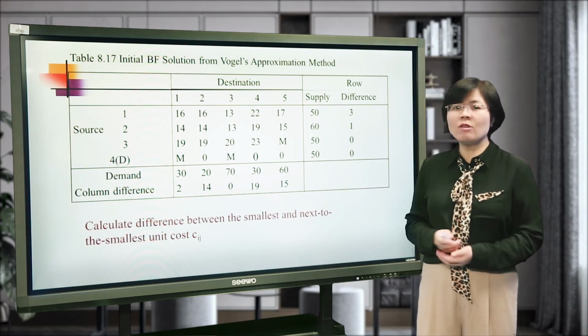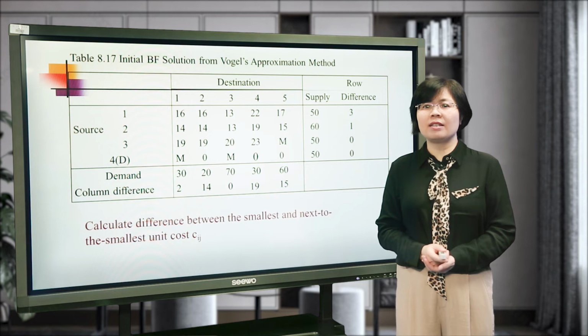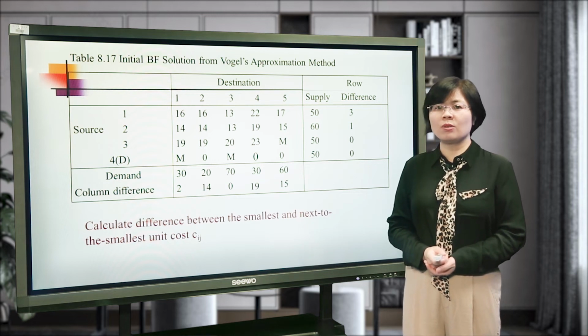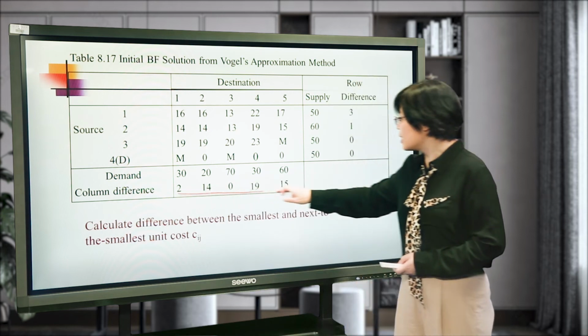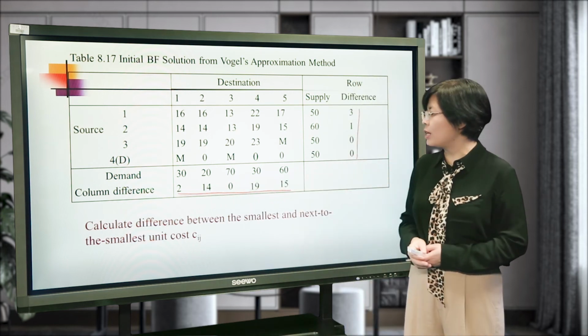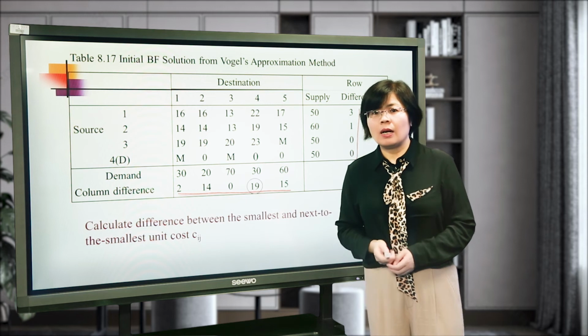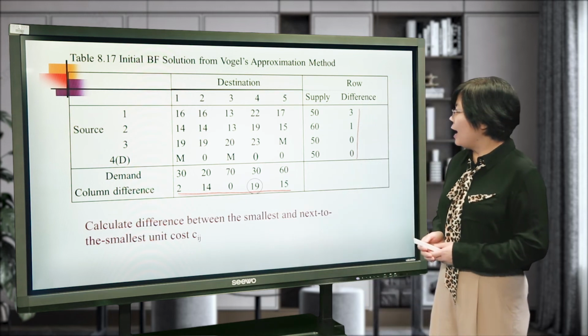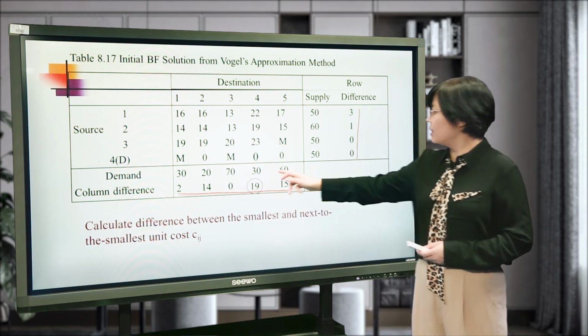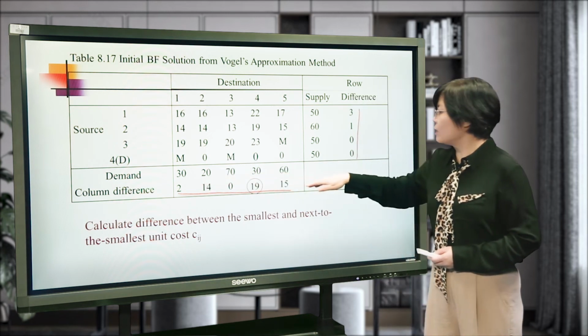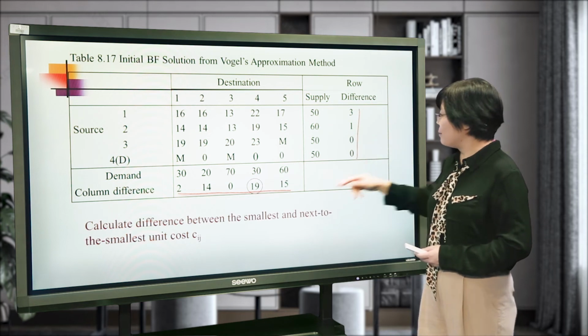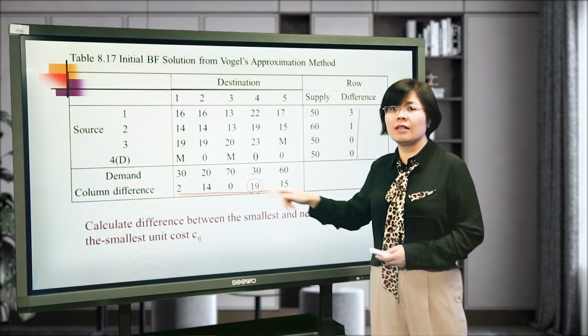Okay, we also show this with the example. First, we calculate the difference between the smallest and next to the smallest unit cost, shown here as the difference. Then we find the largest difference of the law and the claim is 19.